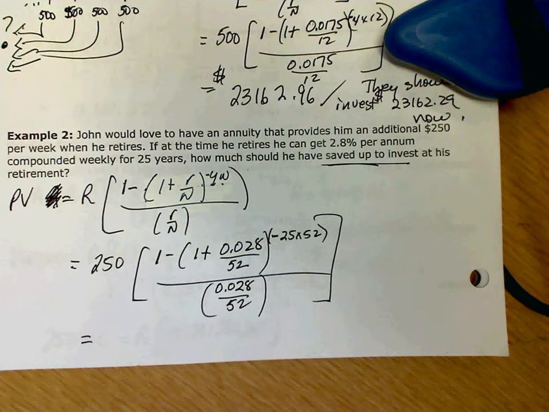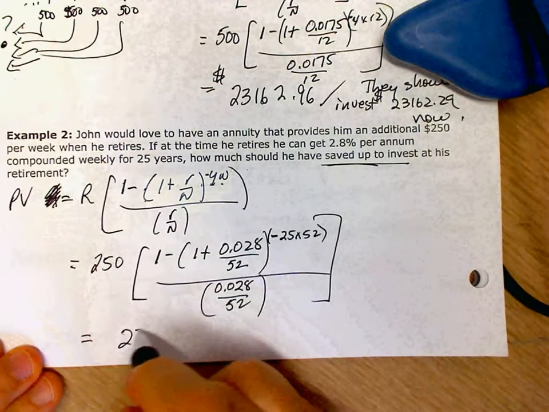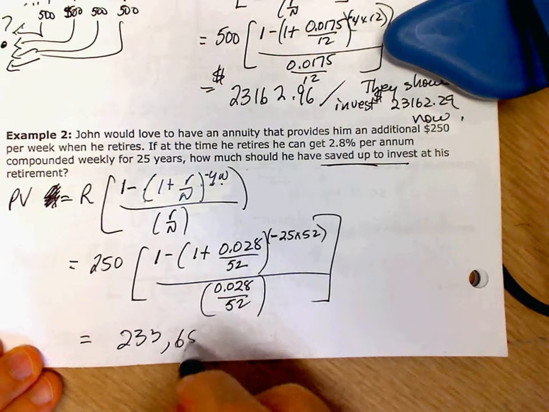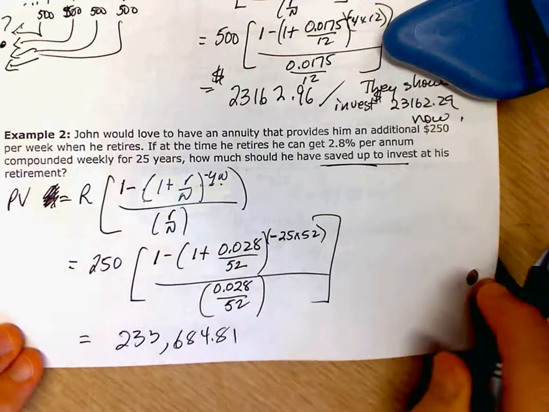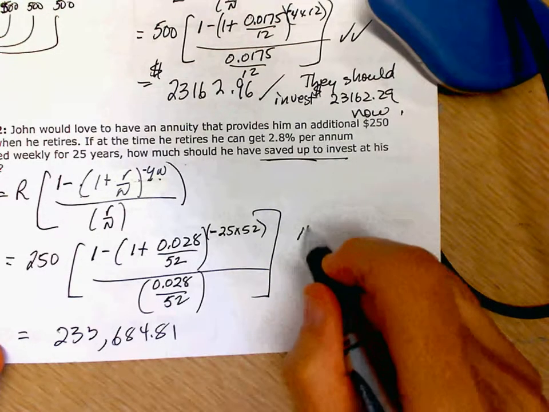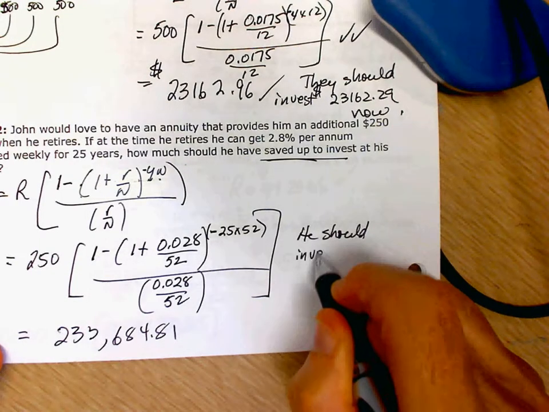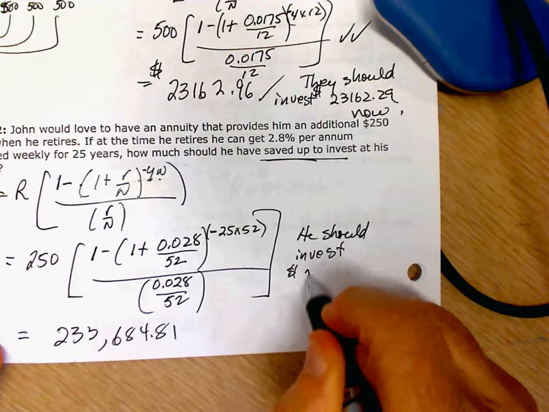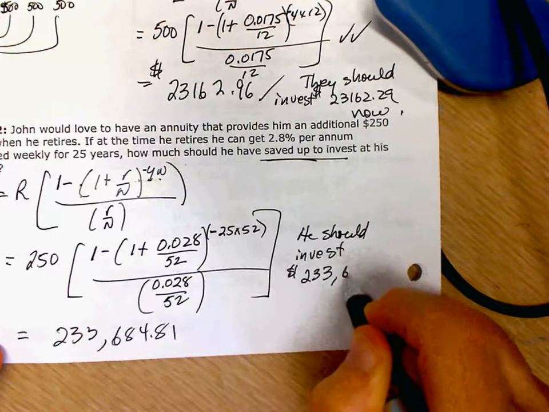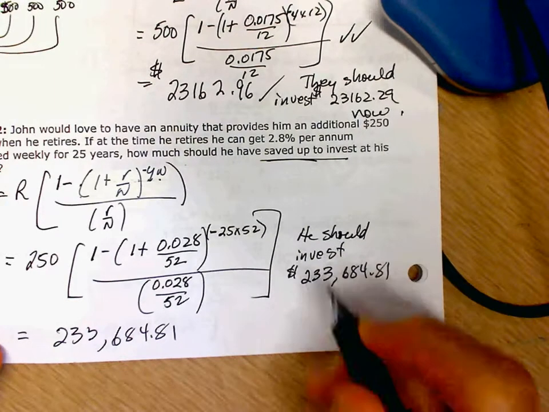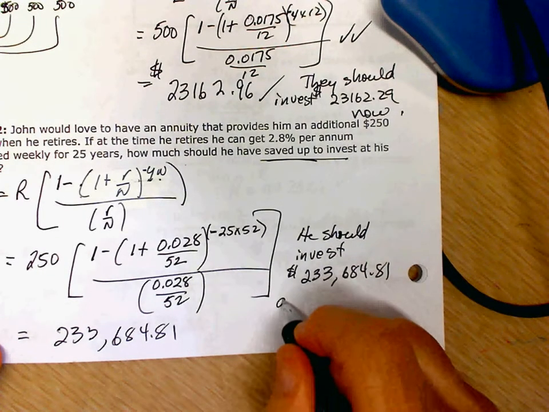Do you have it? 233,684.81. That's a lot of money. Yeah. He should invest 233,684.81 at the start of his retirement. And then you gotta press the arrow down.